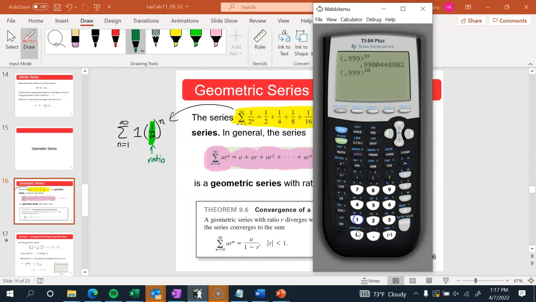Let's take that to the 100th power. They will eventually shrink.